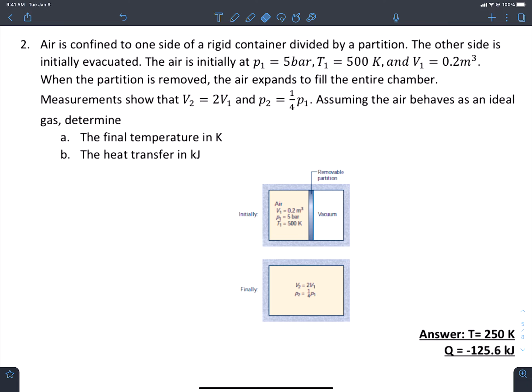Don't take that removal to mean work is done. Just think of it as state 1, then something happens, it's discontinuous, the partition is removed, and then you have state 2. So treat the problem that way. Let's take 5 minutes and reconvene then.